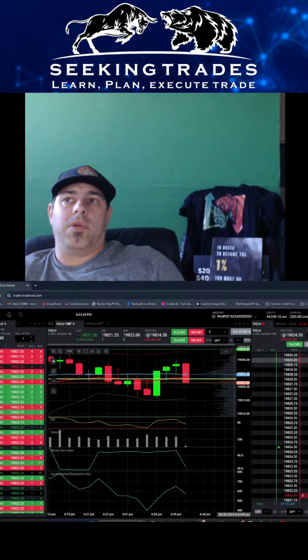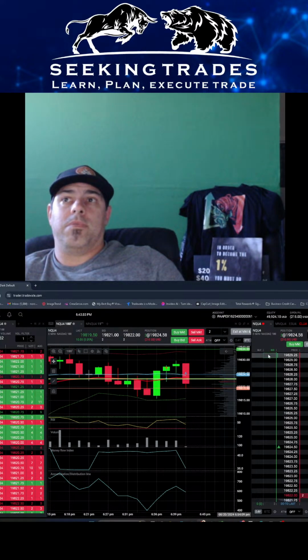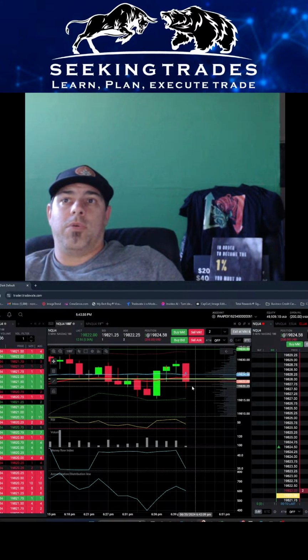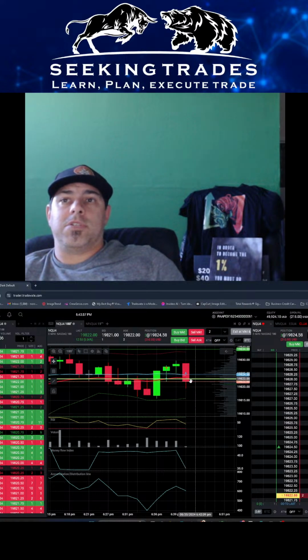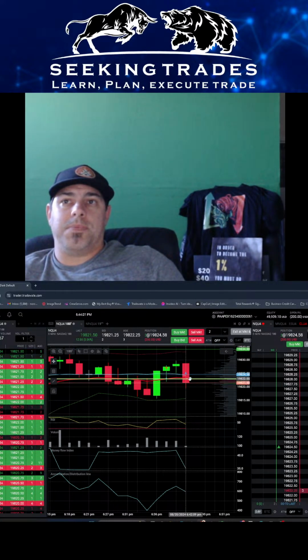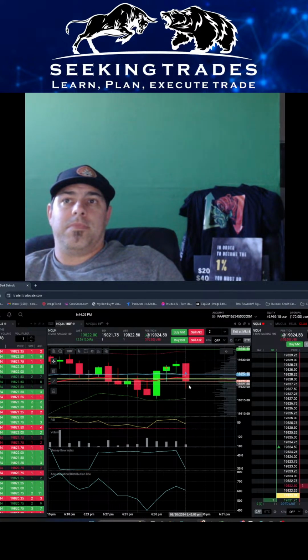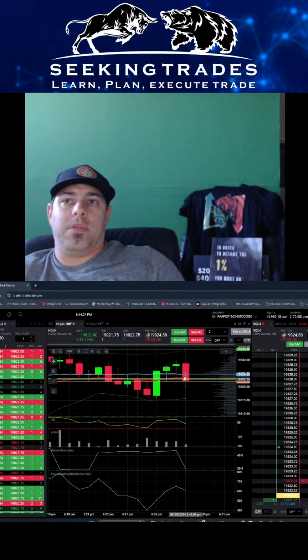Back up to the 29s would be nice. I really don't want it to go all the way down here. I want to see that wick down, stop out some people because they had weak stops, and then just get bought right back up. Big old bottom wick candle.